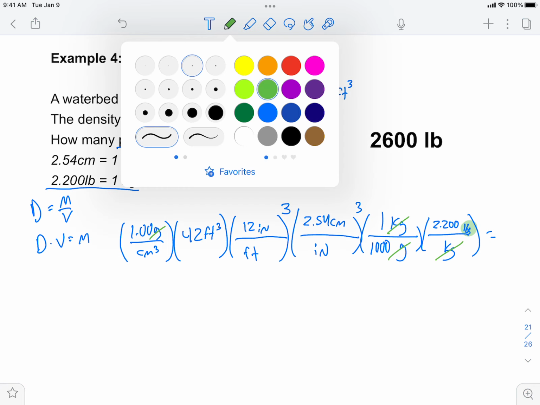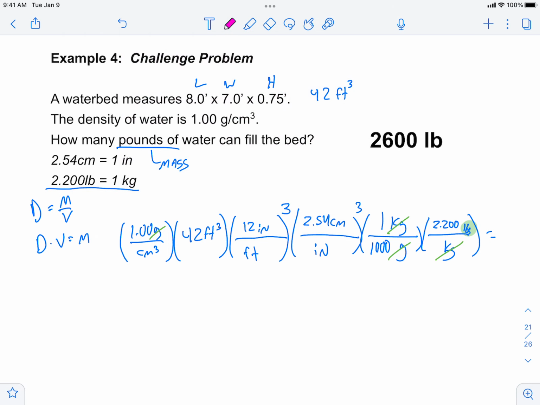All right, and then centimeter cubed, inches cubed, feet cubed. Wait, no, not canceling. Let's erase that guy here. Oh no, it is canceling. Yep. No, we're good. All right. Run the numbers.